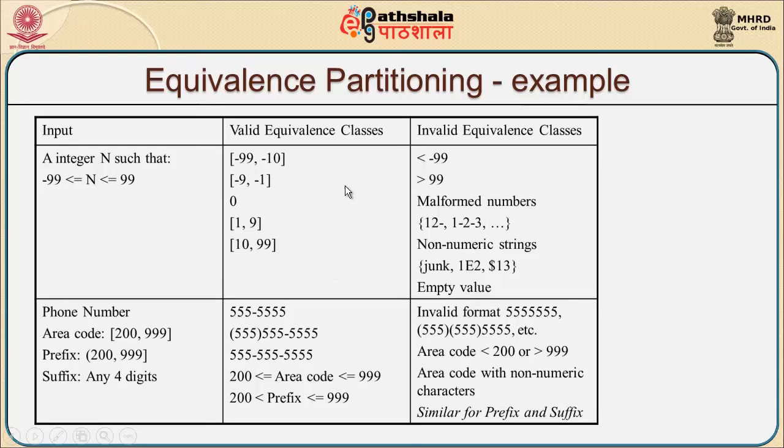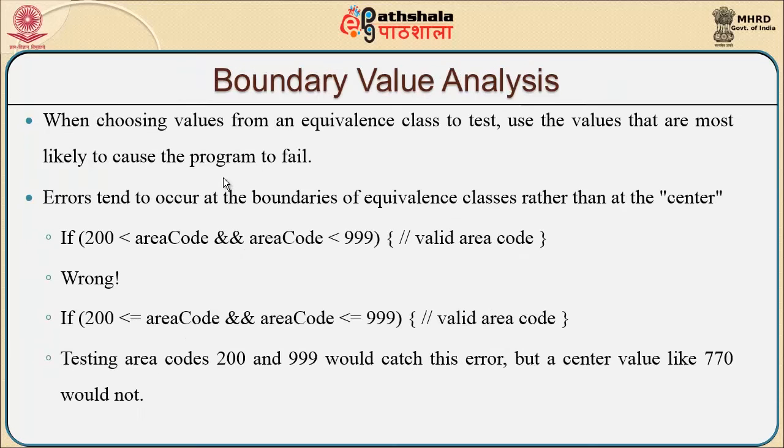Likewise, we take at least one value from an equivalence class to test initially, and if the tester feels this testing is not complete, then he can go on to other values also. So, that was equivalence class testing, where within the acceptable range we are able to test it.